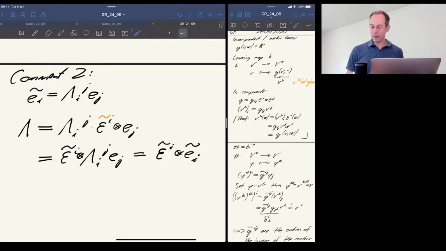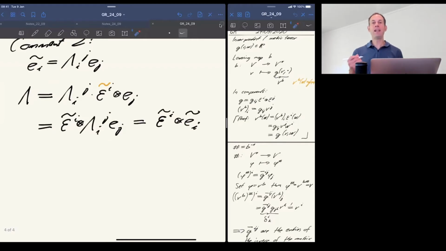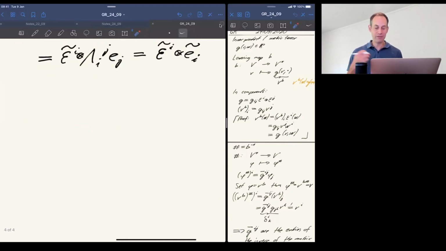But you could therefore interpret these lambdas as just the matrix elements of the identity if you take the input to be defined with respect to the original basis and the output to be defined with respect to the tilde basis. Okay, so that answers these questions that came up. I hope these answers are useful, because it's generally useful to play a bit with these things to get some feeling of what they do.